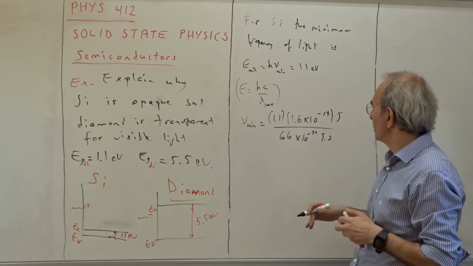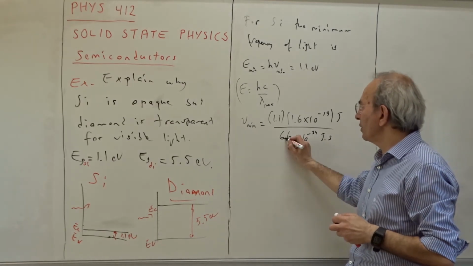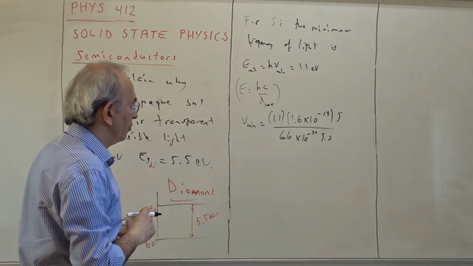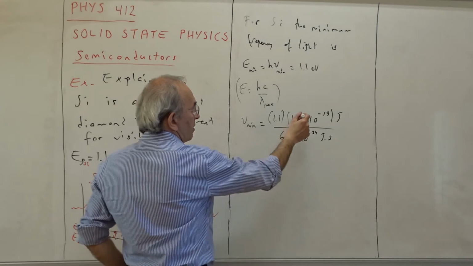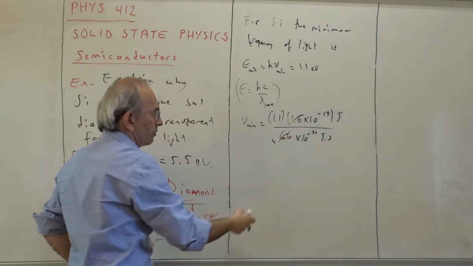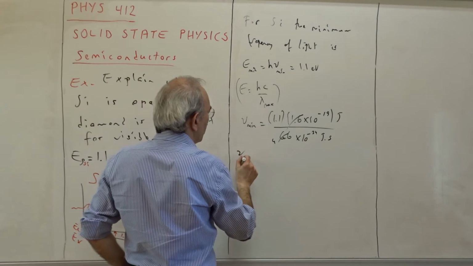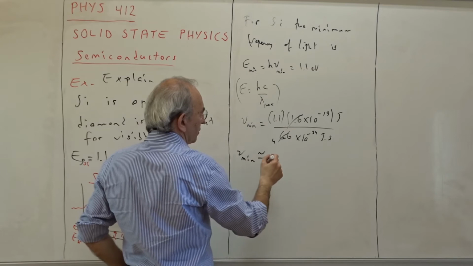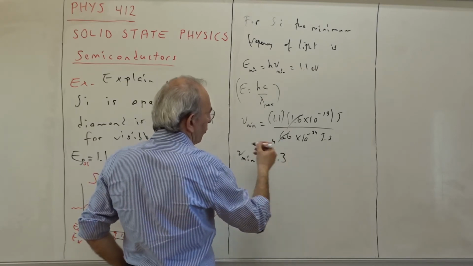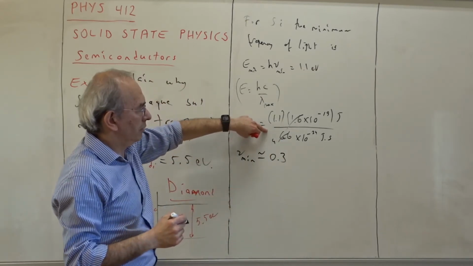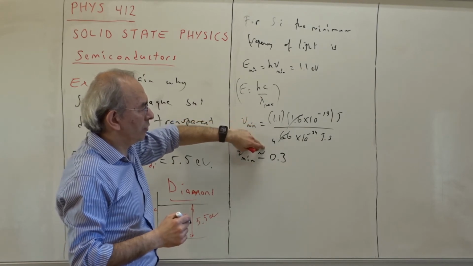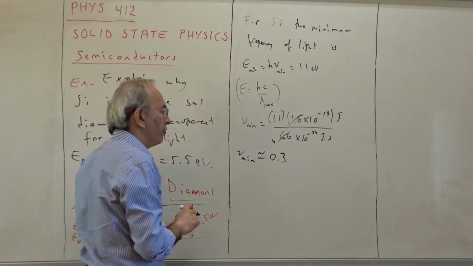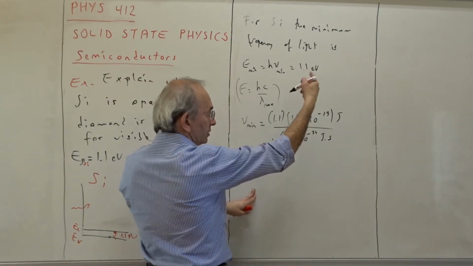So what is this expression? We can use rough calculations, of course. Now, what do we have? Maybe 1.4 over 4. So nu min is approximately 0.3, times the power of 10, 10 to the 15.